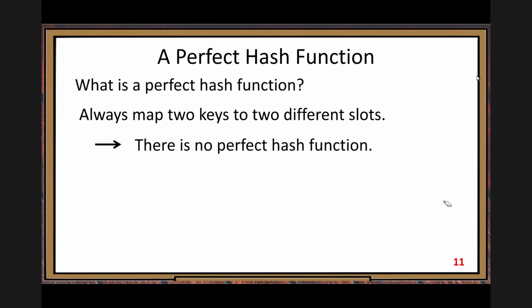But there is no perfect hash function. Nobody can get one. Sooner or later, you will map 2 different keys to the same slot. But don't worry, even if that happens, we can resolve it by some other strategies.